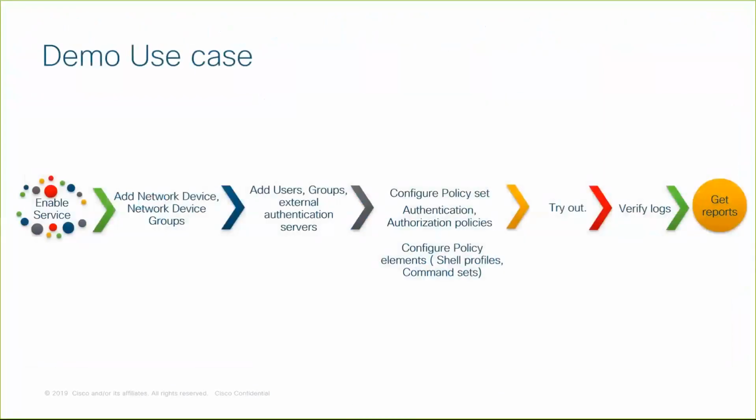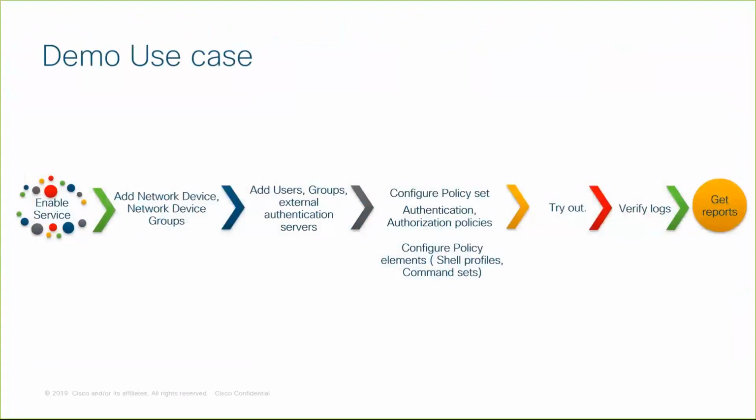Okay, so let's look at a quick demo to see how it works and what you need to do to configure these items. First, we'll enable the service. These are the items that you need to do, in the same order or a slightly different order. This makes sense actually.